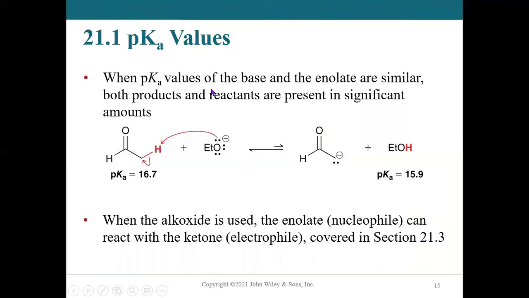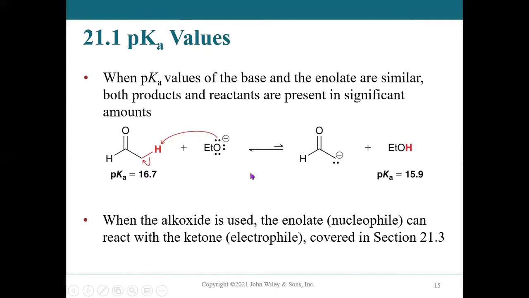When the pKa values of the base and the enolate are similar, both product and reactant are present in a significant amount. For example, we have acetaldehyde, pKa 16.7, and we use ethoxide. Ethoxide becomes ethanol, with a pKa of 15.9, comparable with the pKa of acetaldehyde.